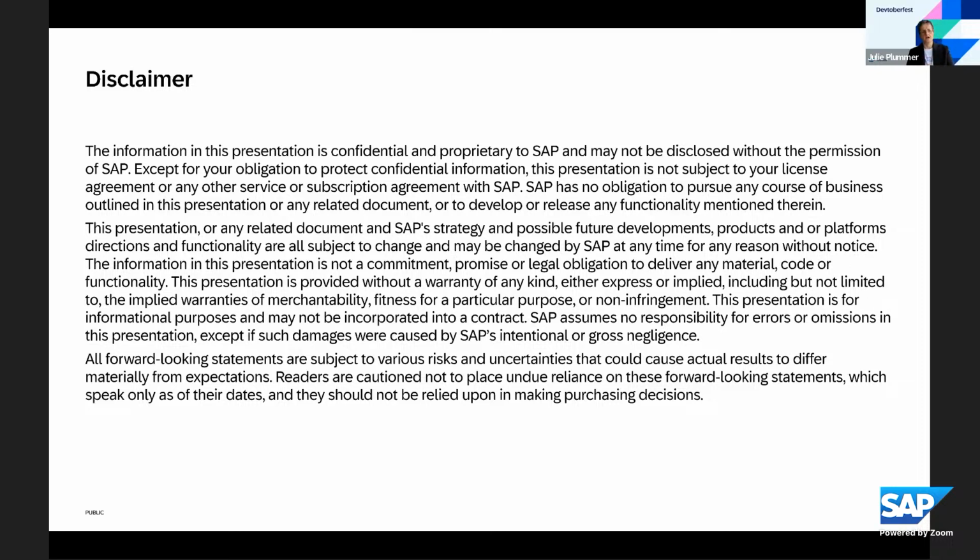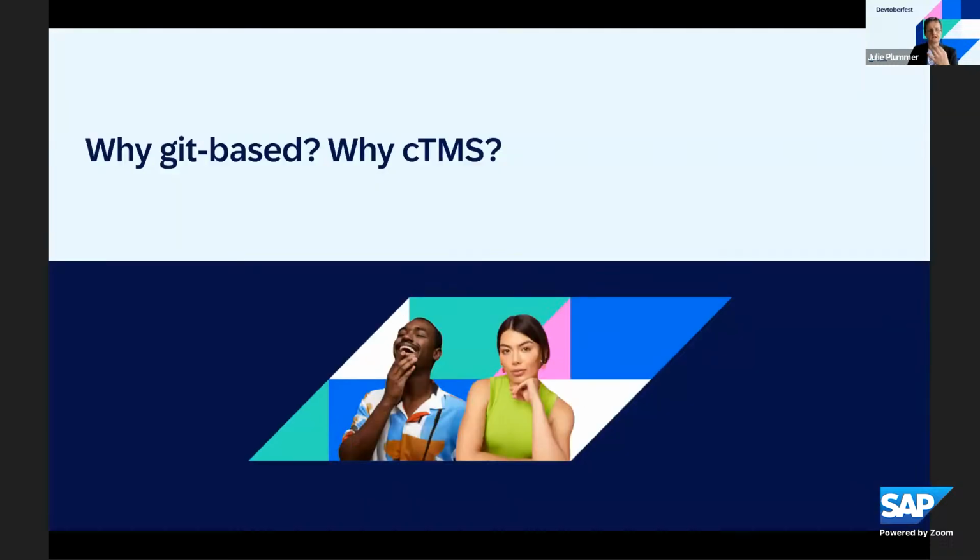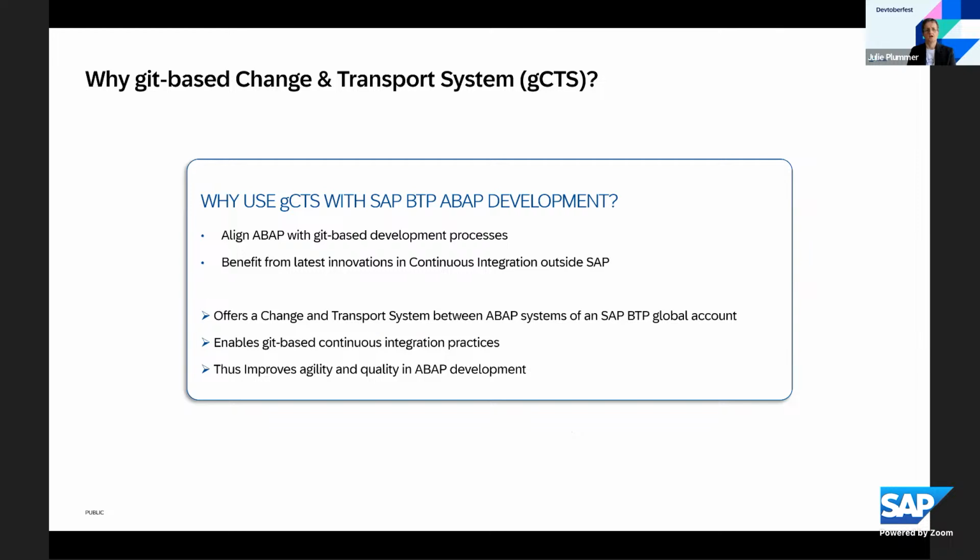Where I want to really start is why we are using Git-based versioning and cloud-based transport management systems. The main benefit of GCTS, or Git-based change and transport system, with Steampunk is that it allows you to do two things.